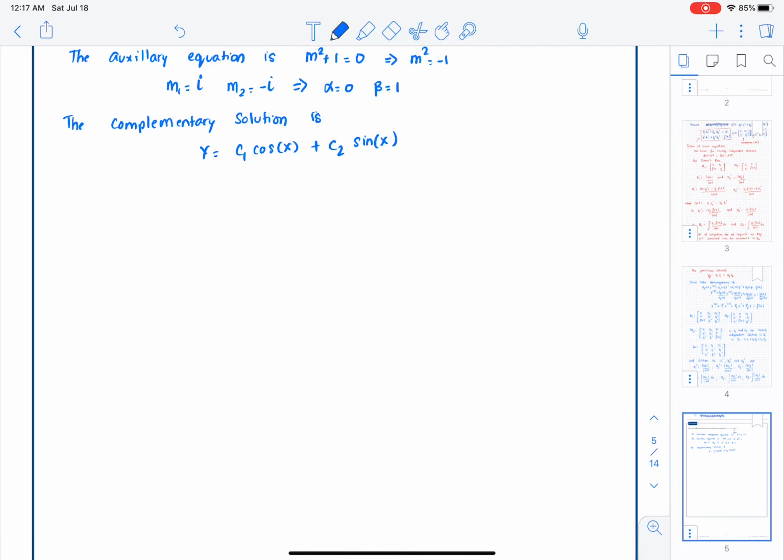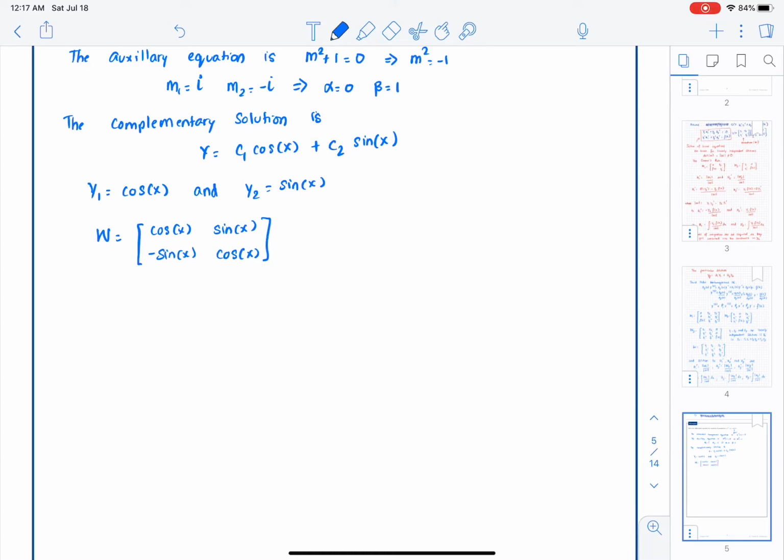Now we have the complementary solution and we know what y1 is. y1 is cosine x and y2 is sine x. So we can form the matrices. W is the Wronskian, so we have cosine x, sine x, minus sine x, cosine x.